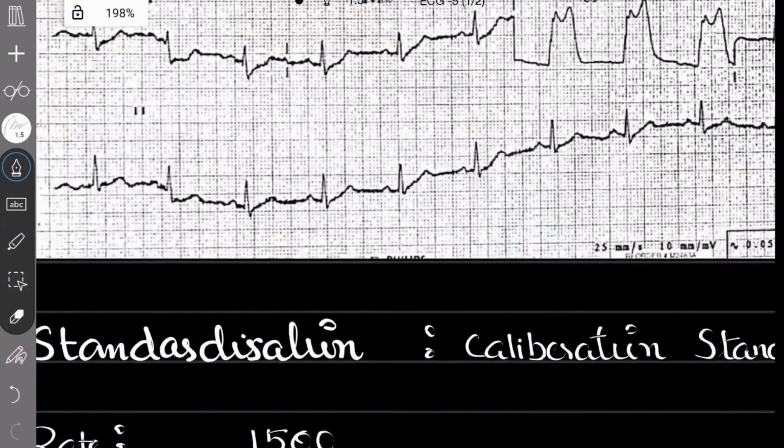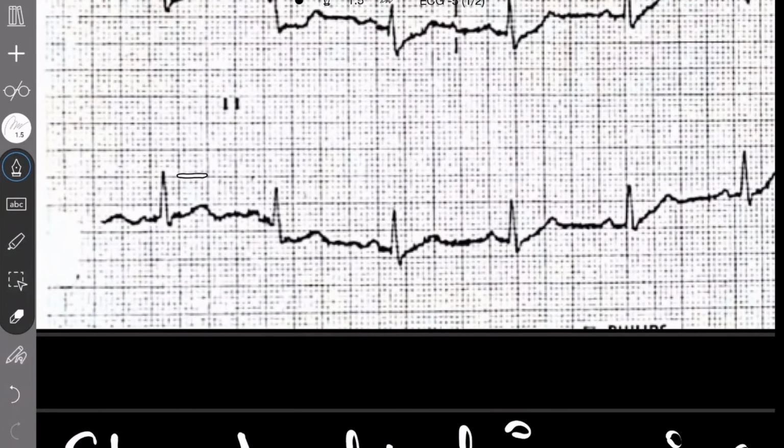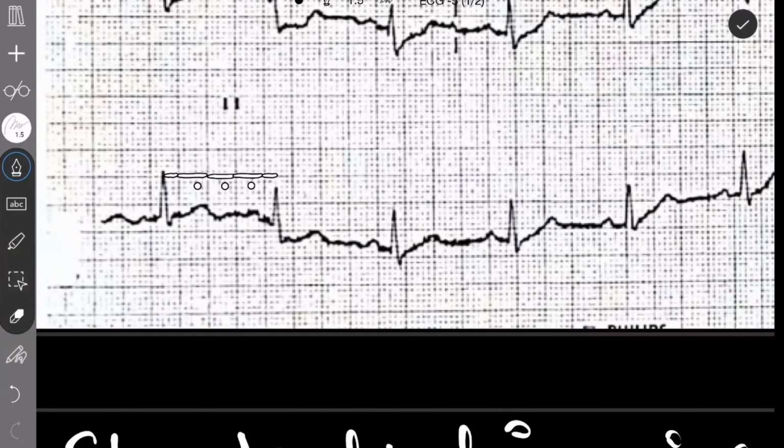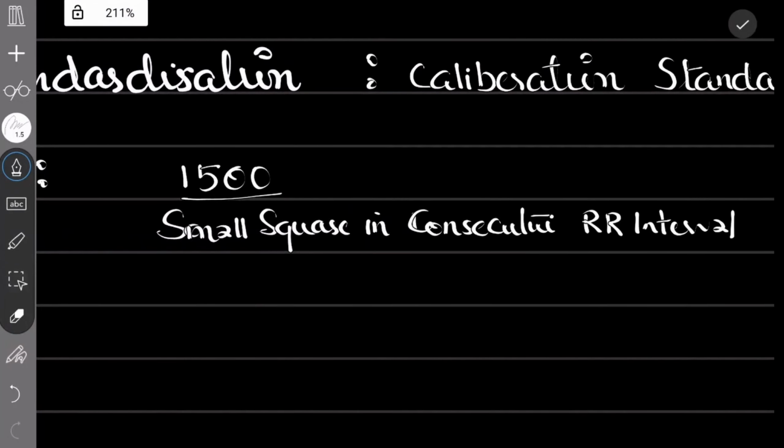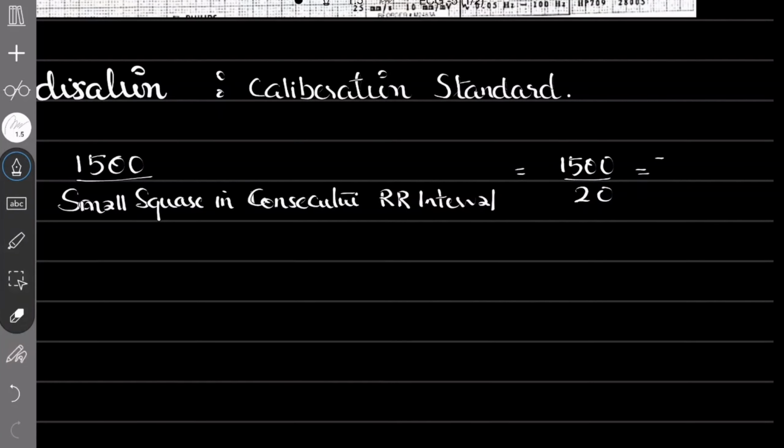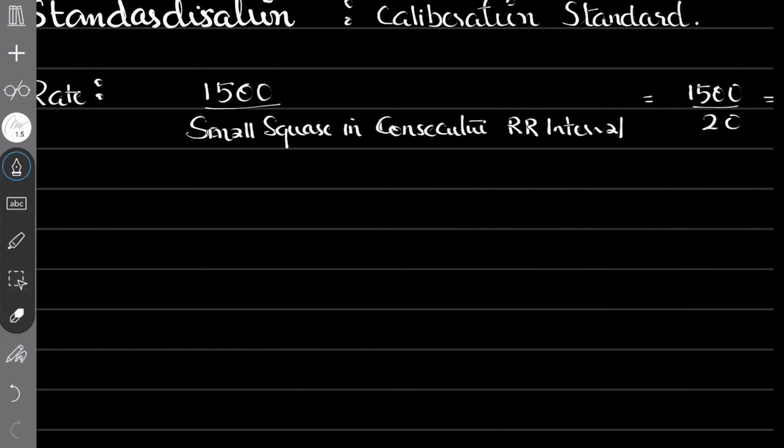So you check here: one big square, two, three, four big squares. Or you can say 4 into 5, that is 20. So 1500 divided by 20 comes to 75. So the rate is 75 beats per minute.